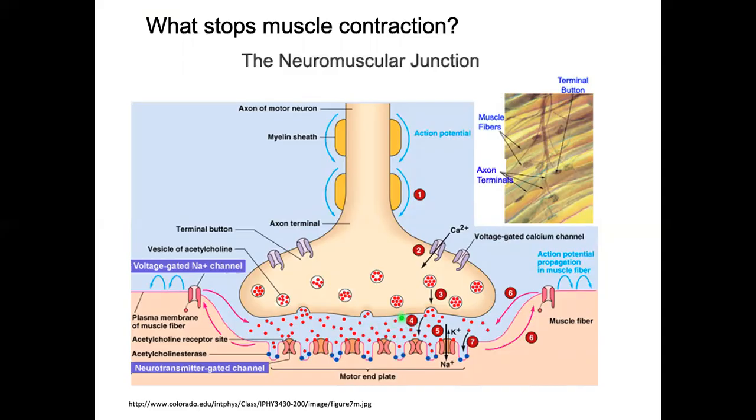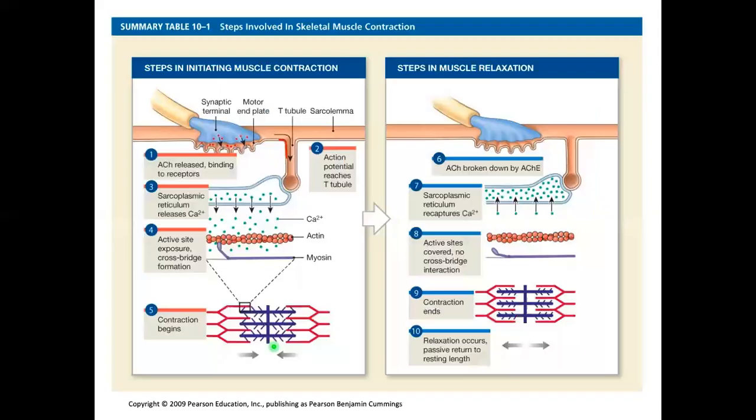Whatever acetylcholine is in the synapse has to get degraded by the enzyme acetylcholine esterase. So ultimately, it is the nerve shutting down, so it doesn't release more acetylcholine, and whatever acetylcholine is present is degraded by the acetylcholine esterase.